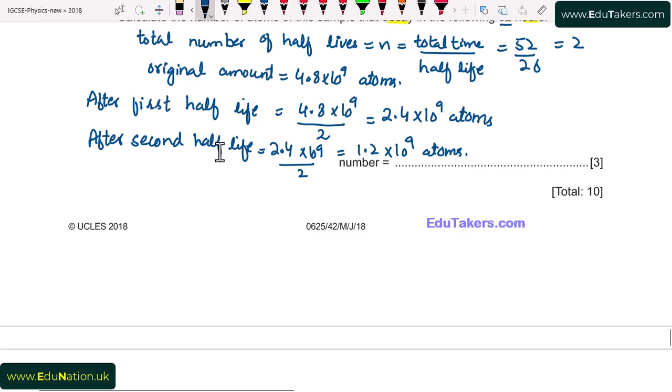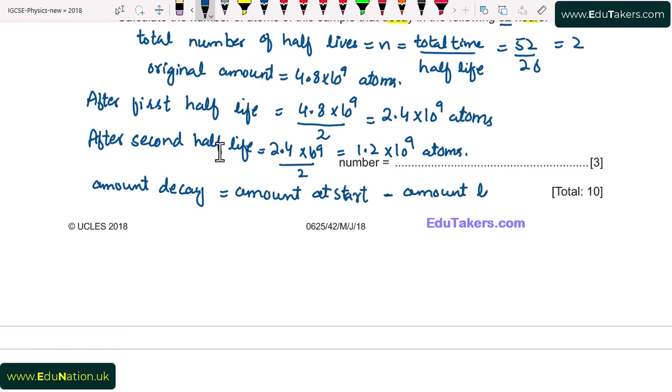So I write here amount decayed will be equal to amount at start minus amount left undecayed.